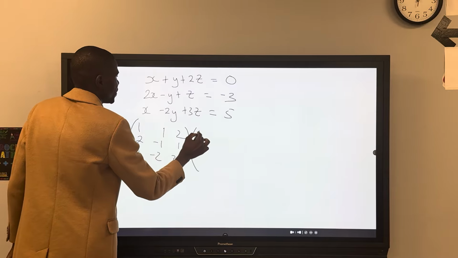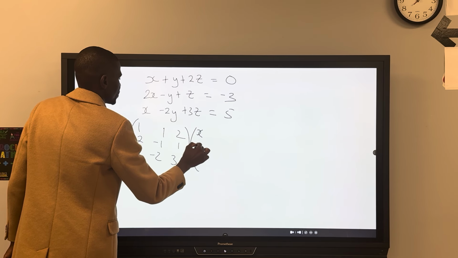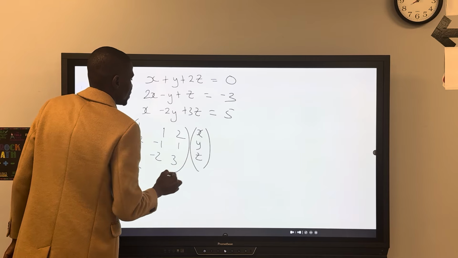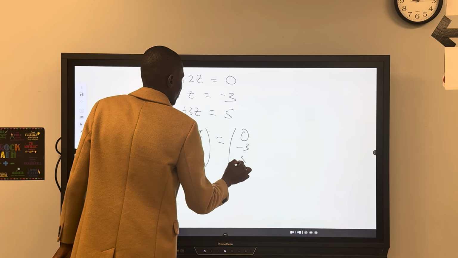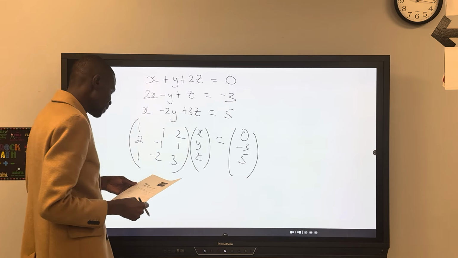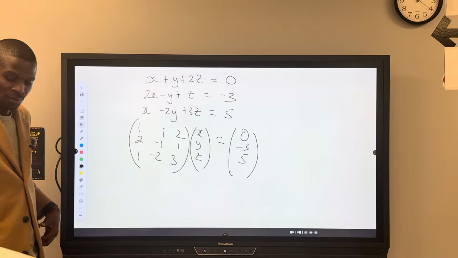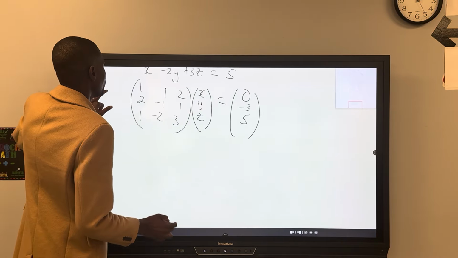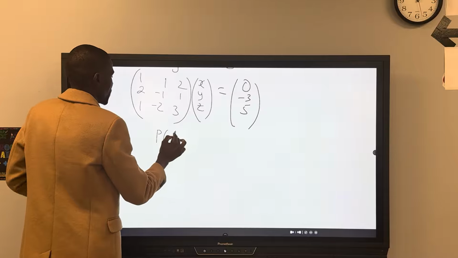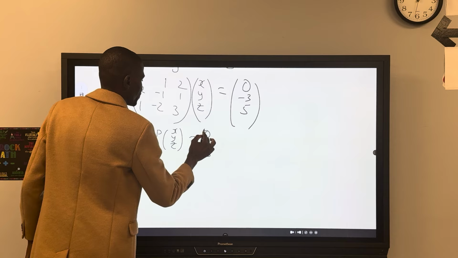Then we have a 3 by 1, which is x, y, z, equal to 0, -3, and 5. As you can see, this is our matrix P. To save time, we just say P times x, y, z equals 0, -3, 5.